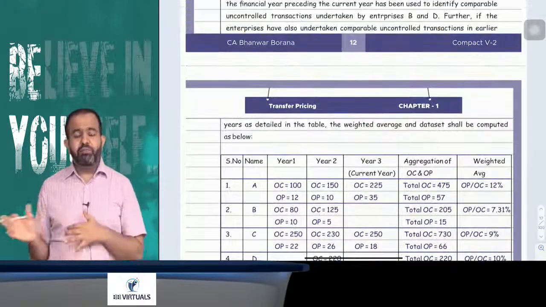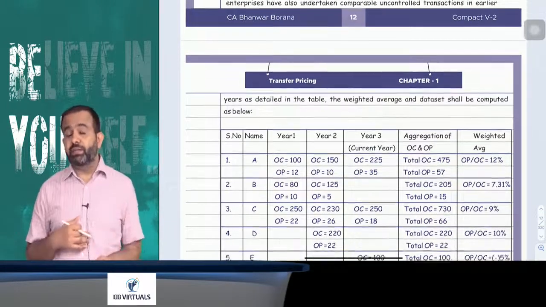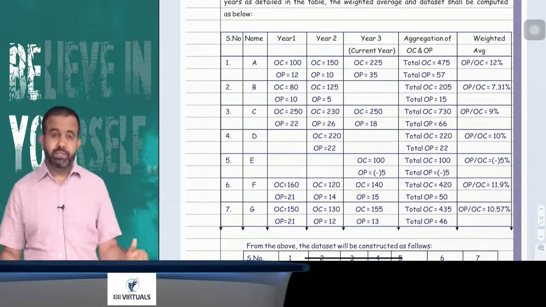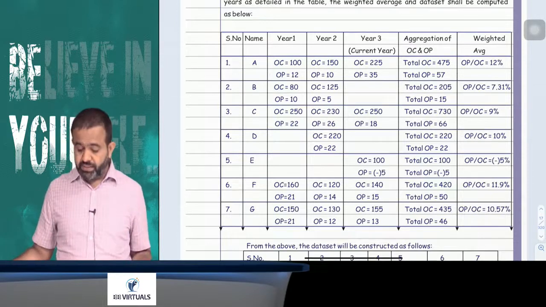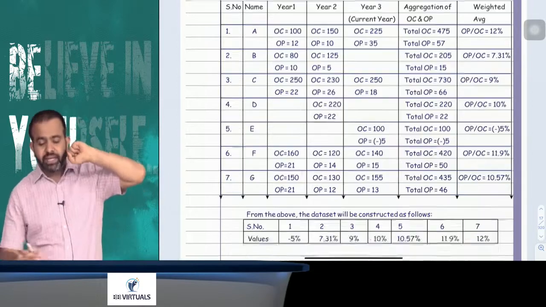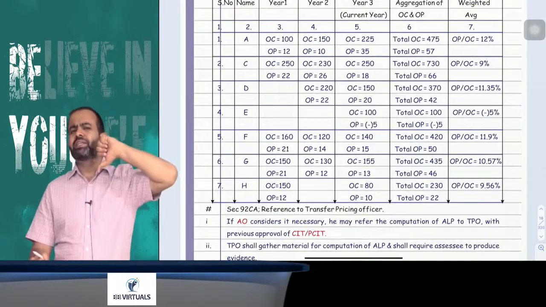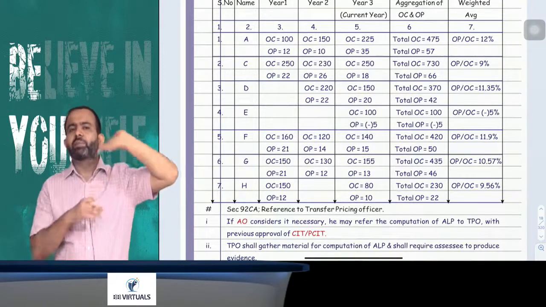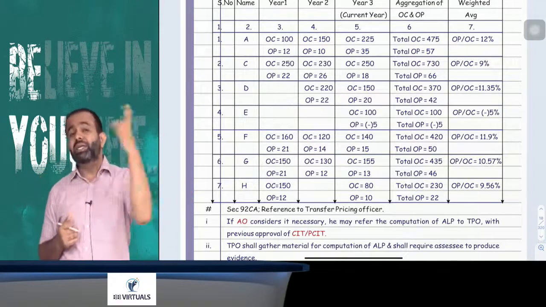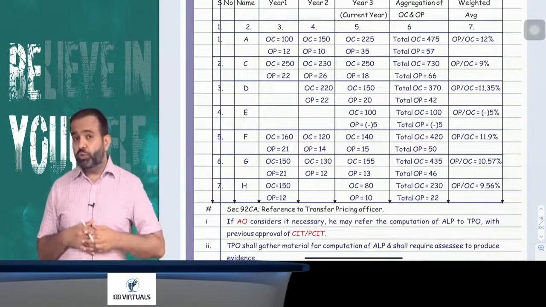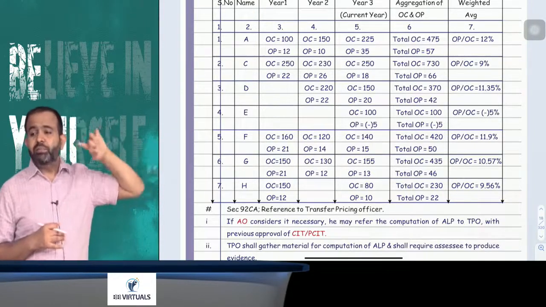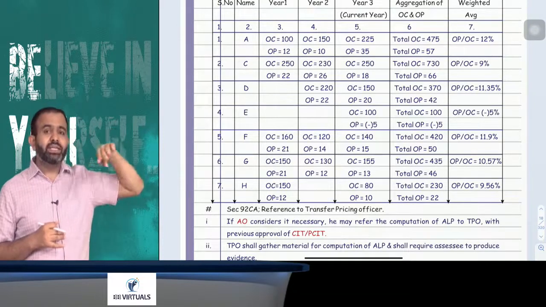But after filing the return, when the assessing officer was doing the assessment, he realized that some company is not a comparable company in your data set, or he got to know that some new company is a comparable company. Then what he will do? You know that if any company is not a comparable company, he will remove it from the data set. And if any new company is a comparable company, then he will consider that.